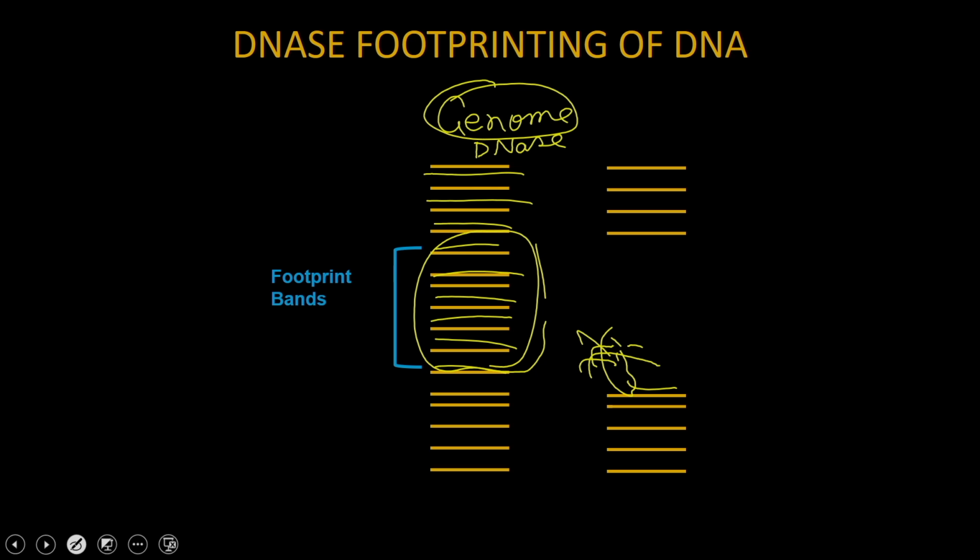Because this is DNA, what we have added is a protein block. So this region is now going to be protected from the action of the enzyme, and as a result this portion is going to remain uncut and this portion is not going to appear.